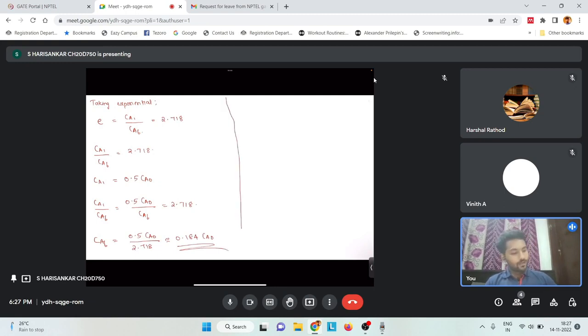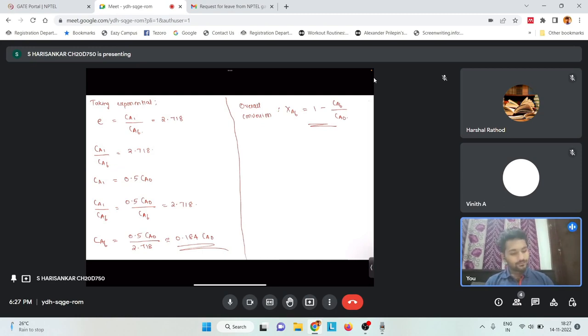So now we have all the data required to find the overall conversion. So the overall conversion XAF will be equal to 1 minus CAF by CA0. So we have CAF in terms of CA0. So we'll substitute that here.